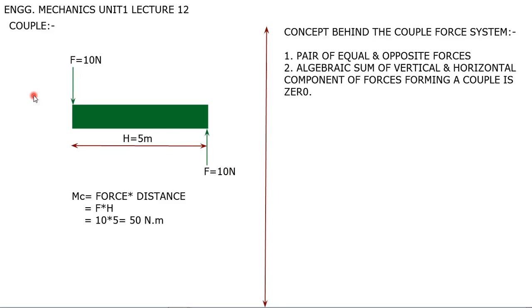So plus 10 minus 10 is equal to 0. We can have one more couple force system here. This one is one force and this one is another force.